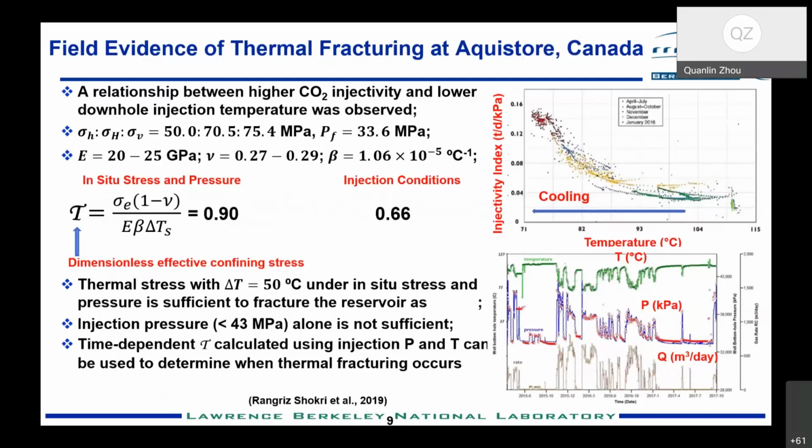Our calculated dimensionless effective confining stress T under injection condition is 0.66, less than 1, indicating that thermal fracturing occurred. Their numerical modeling with local mesh refinement around the injection well also shows the thermal fracturing.